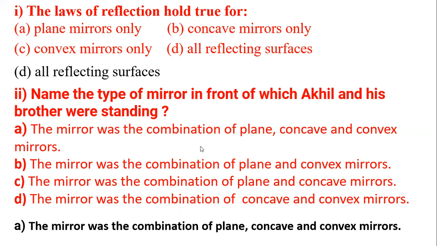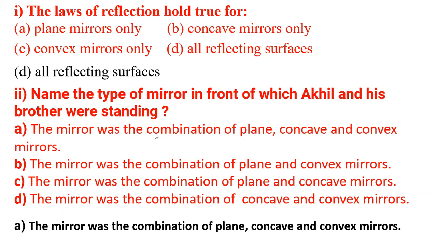Of course, a plain mirror gives the same size. After that, the bellies are enlarged, which would be concave. And the down part is short, which would be convex, because they give virtual images. Once you go through the properties of images and try to understand, the answer will be A.